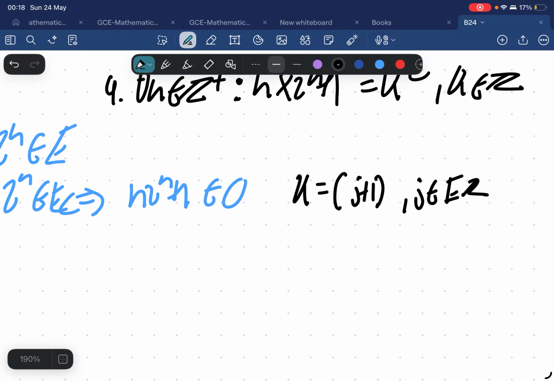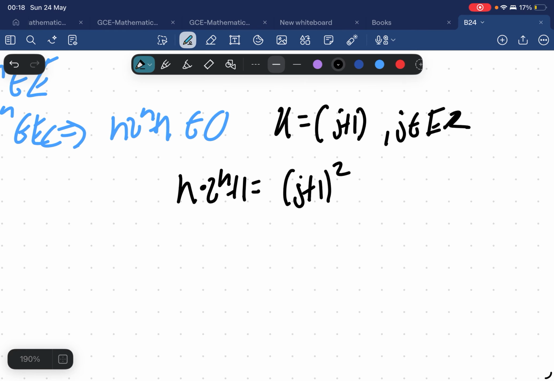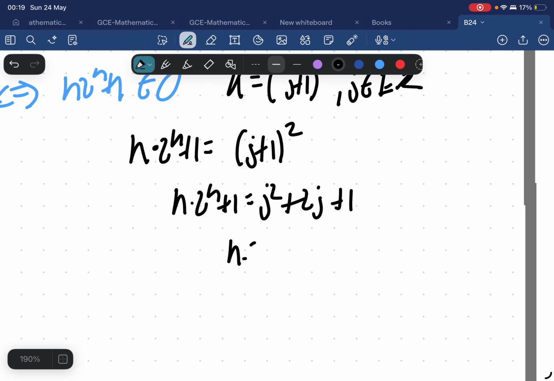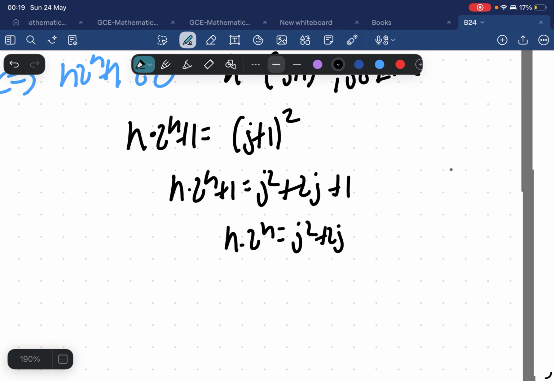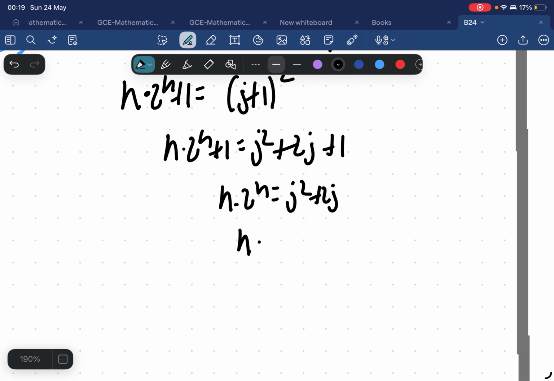So we have that 2^n times n plus 1 is equal to j plus 1 squared. So 2^n times n is equal to j squared plus 2j plus 1 minus 1, so 2^n times n is equal to j squared plus 2j. And then 2^n times n is equal to j times j plus 2.